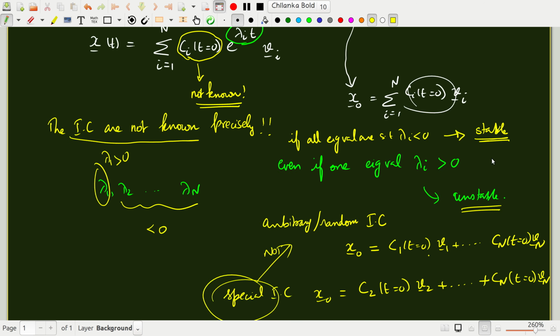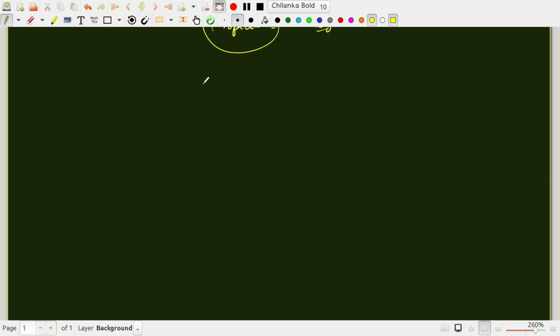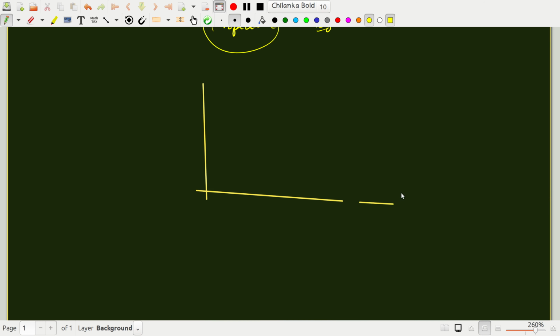But this stability, I told you, is only in the asymptotic sense. If I plot some disturbances as a function of time, the fact that things are decaying exponentially means that for sufficiently large time, t going to infinity, things are going to decay exponentially. But this doesn't guarantee a monotonic decay.